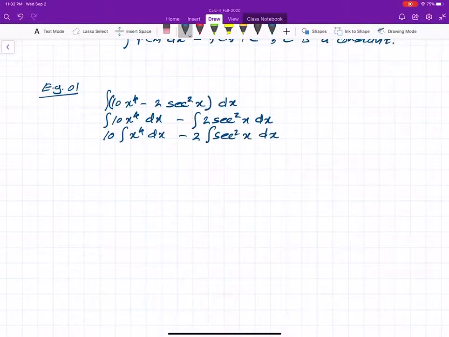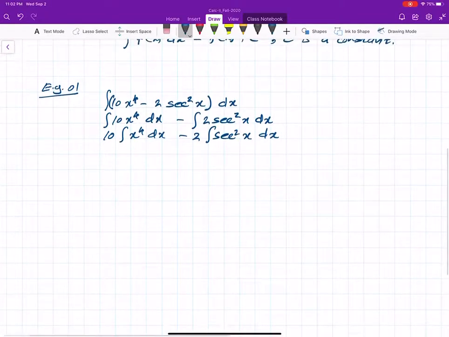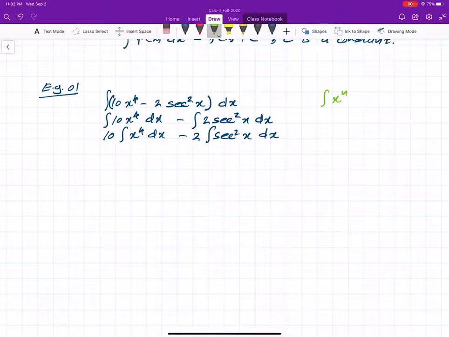Now you have to use formulas here. There are two formulas you could use. The first formula is the power law for integration. If you have to integrate x to the power n, then you could write this as x to the power n plus 1 over n plus 1.